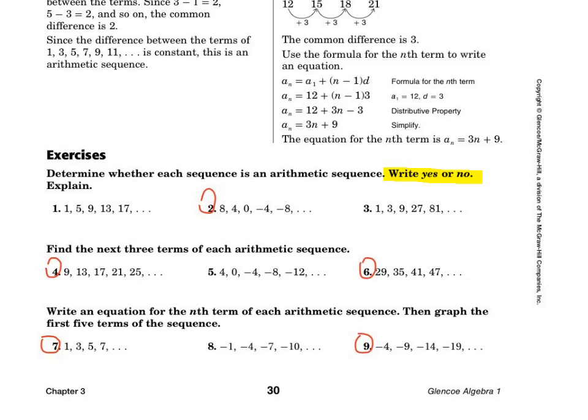Here you're going to find the next 3 terms of each arithmetic sequence. And here you're going to write an equation for the nth term of the arithmetic sequence, and then graph the first 5 terms of the sequence. Okay, I'm not going to have you do the graphing part. Just simply write an equation for the nth term of each arithmetic sequence.